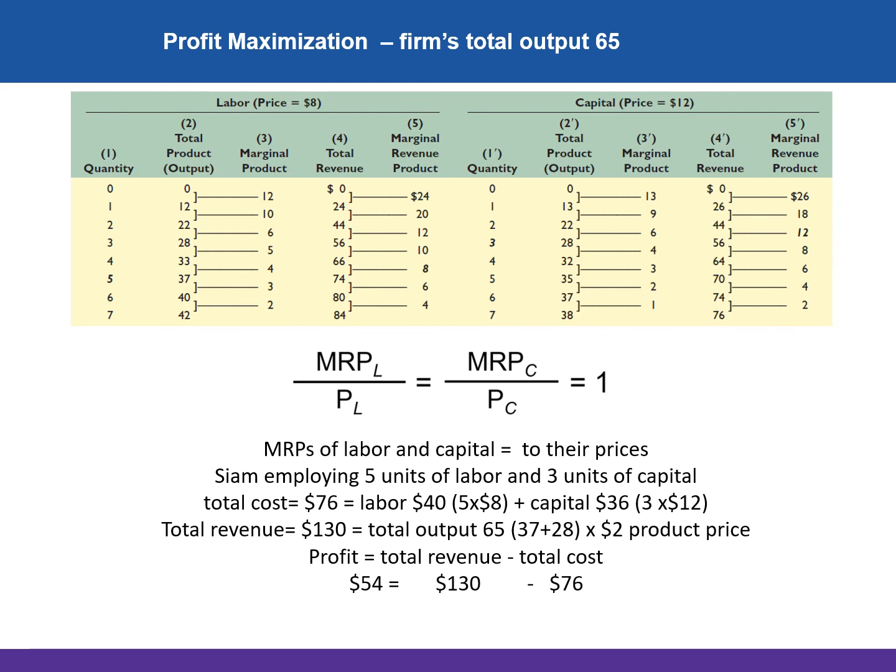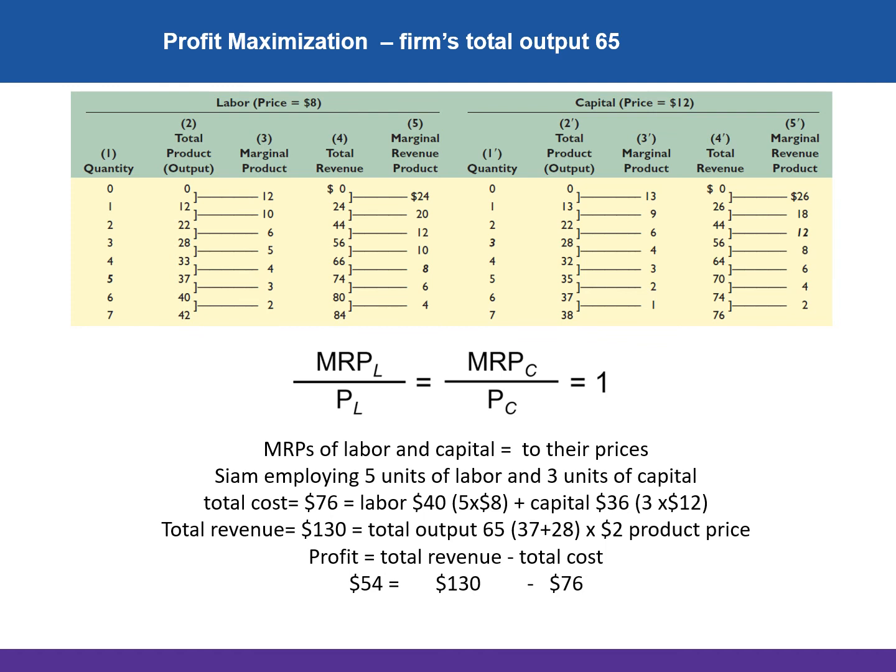If we hire 5 workers at $8 per unit, that's $40 total in labor cost. If we employ 3 units of capital at $12 each, therefore we have total capital cost of 36. We add our labor cost of 40 with our capital cost of 36. The firm's total cost is therefore 76.